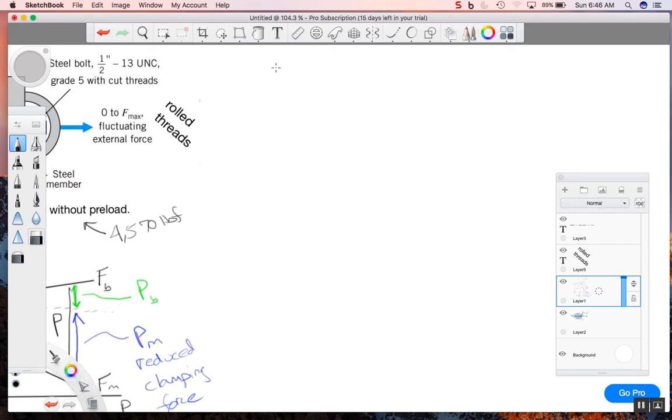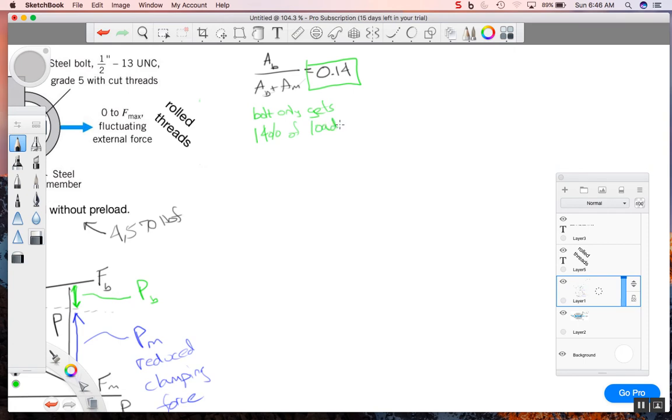Black. So it turns out that the area of the bolt relative to the area of the bolt plus the area of the members equals 0.14. Right? Now this is really, really important. This gets a big green box, because my bolt only picks up 14% of the load.